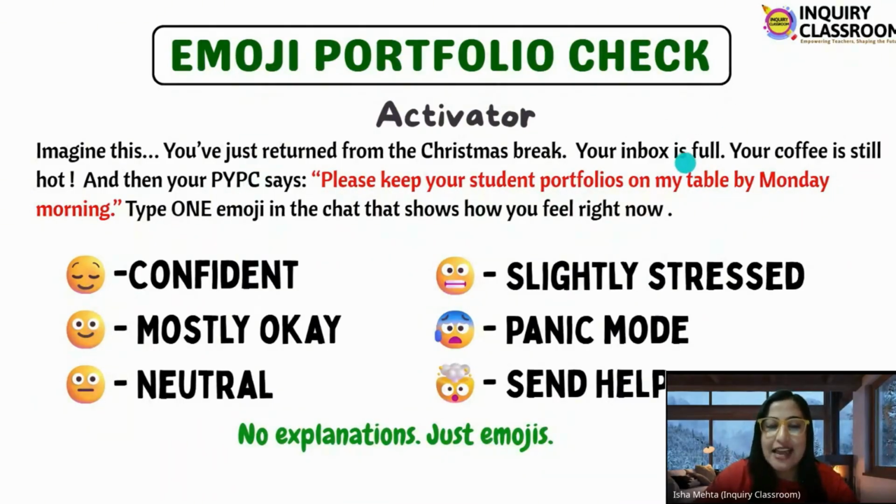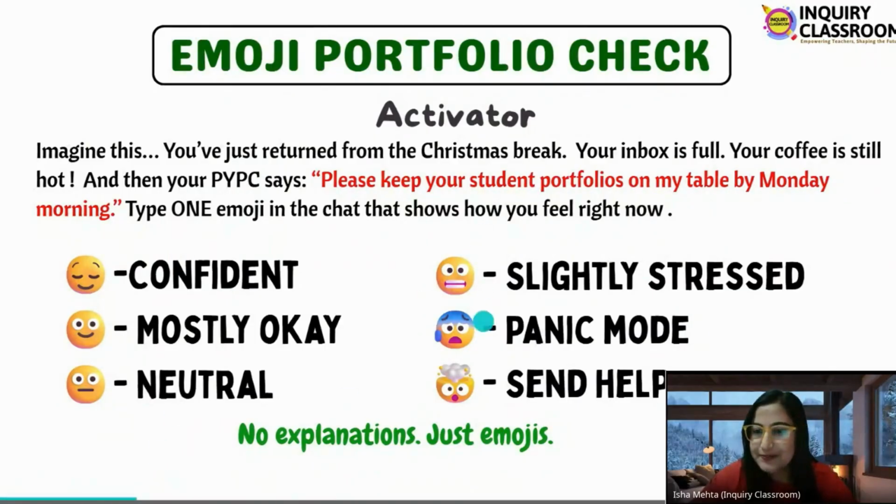Type one emoji in the chat box that shows your feeling right now. If you come to know that tomorrow morning you need to keep all your student portfolios on the PYPC's table, how will you feel? Show your reflection through emojis. All the PYP coordinators attending this session can enjoy this quick provocation, or they can anticipate and guess how their teachers would feel if you did something like that.